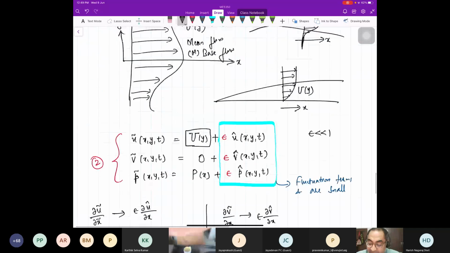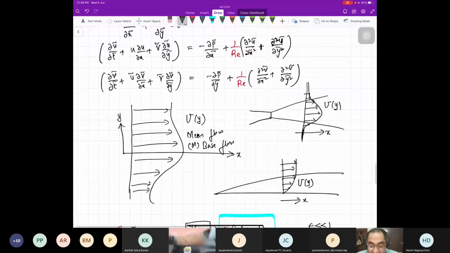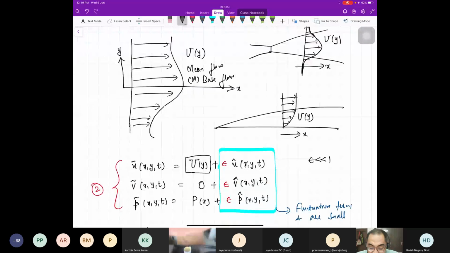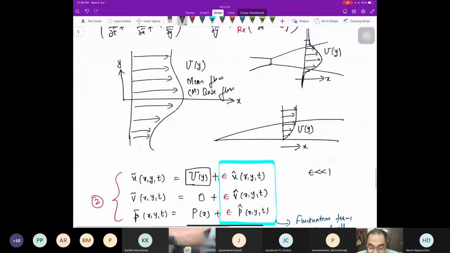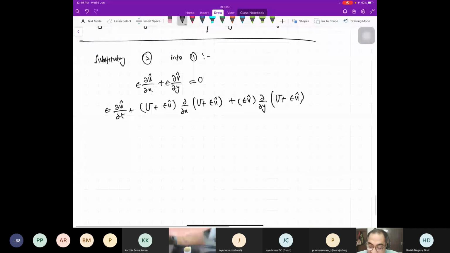I've just substituted wherever there is u, capital U plus epsilon small u hat. Wherever there is v, I've just substituted epsilon small v hat. This is what I have. This is equal to minus del by del x of capital P plus epsilon p hat plus the viscous terms.